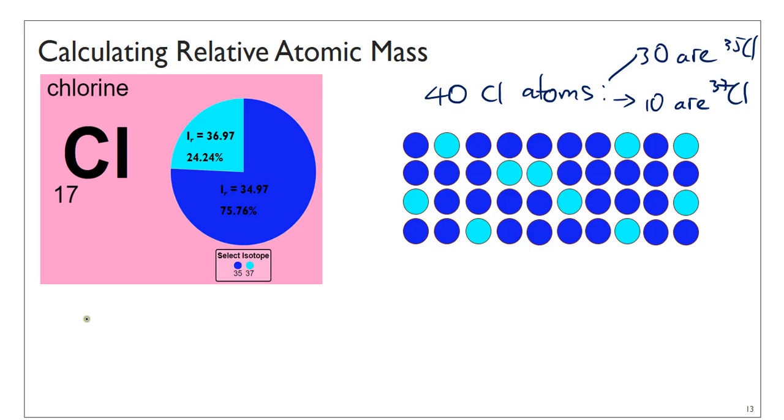If I want to come up with one number to represent the mass of chlorine, you need to take both of these into account. In order to work out the relative atomic mass of chlorine, you need to calculate the weighted average or the mean.